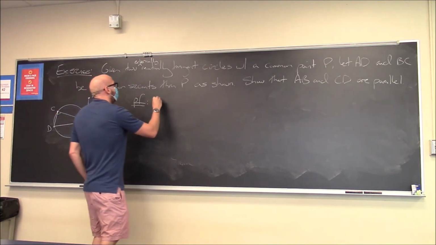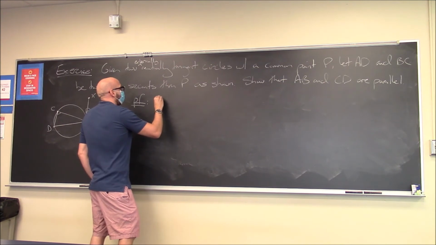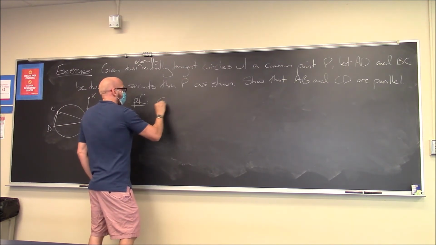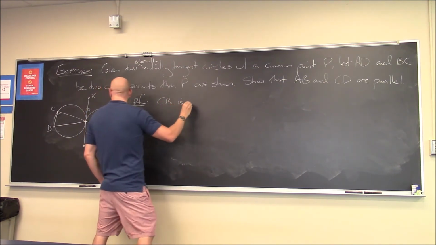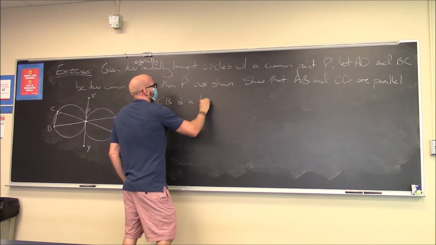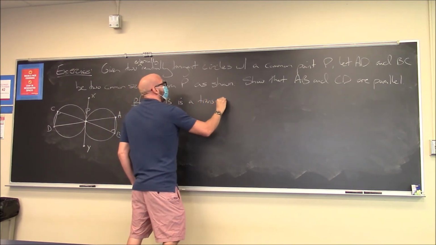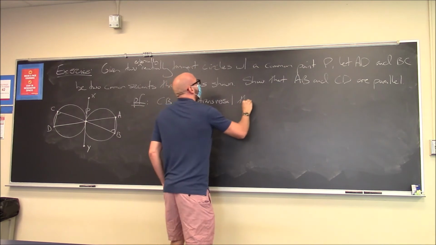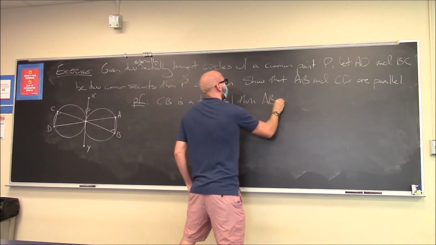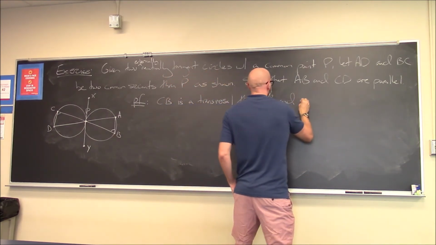So CB is a transversal through AB and CD.